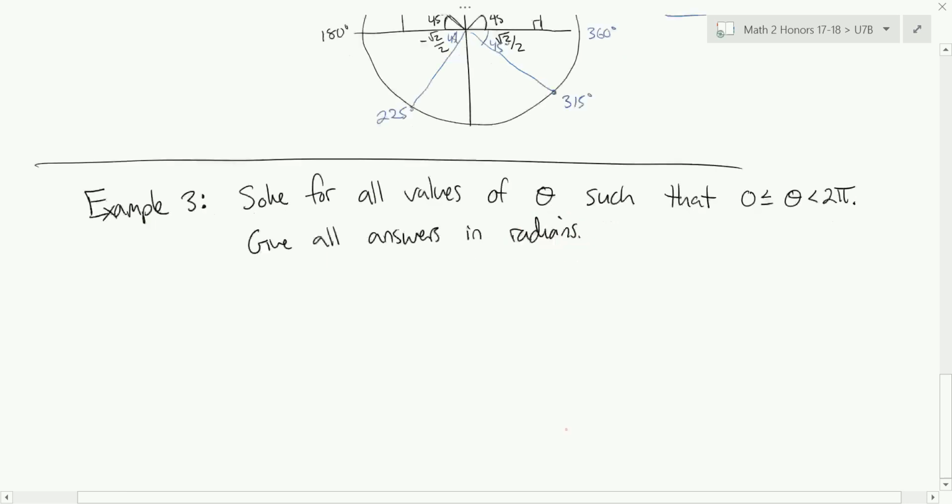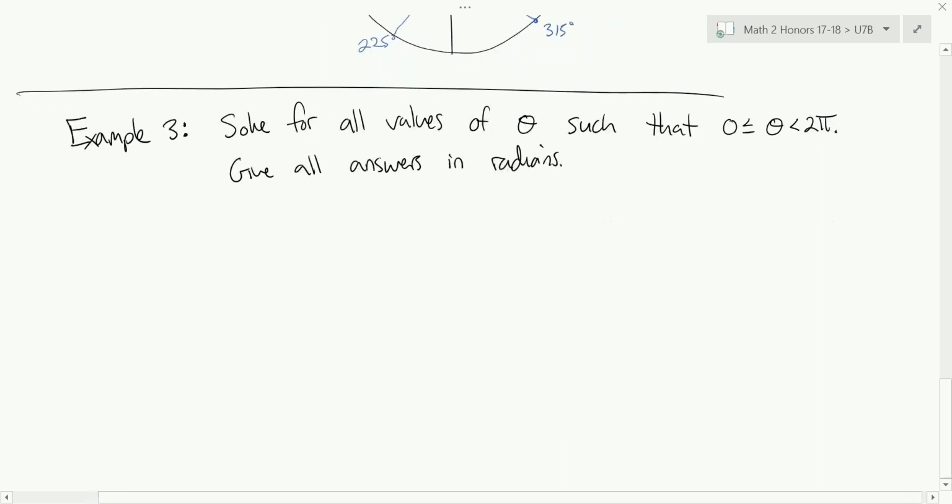The equation I'm going to give you is this: the cotangent of theta plus root 3, times the cosecant of theta minus 2, equals 0.